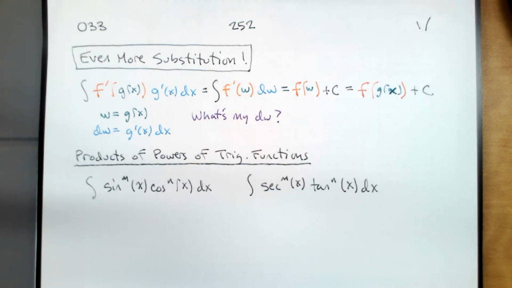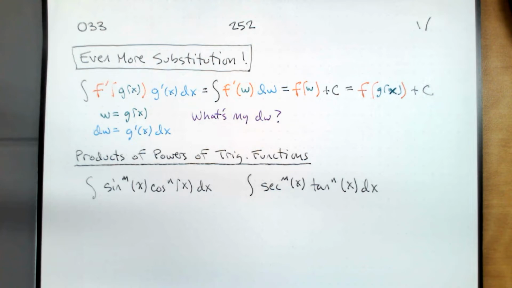At this point in your calculus career, I have not told you why we care about products of powers of trig functions. I'm framing it as an exercise in substitution so that we can think about, what's my dw going to be? But more importantly, I care about which products of powers of trig functions of these forms, sines and cosines, secants and tangents, cannot be done with substitution. This is a fun exercise.